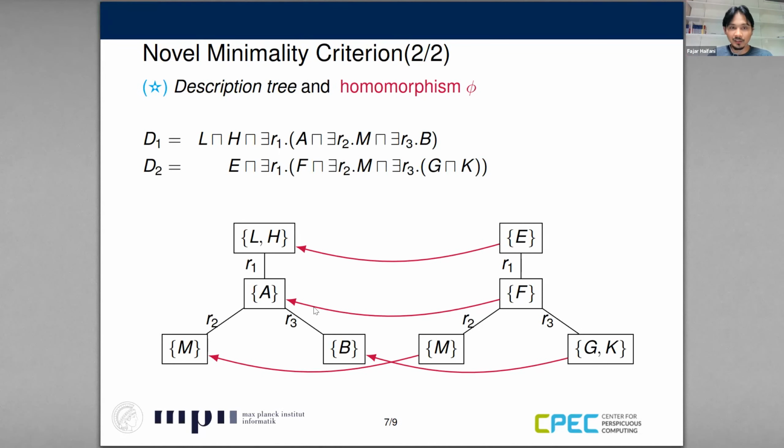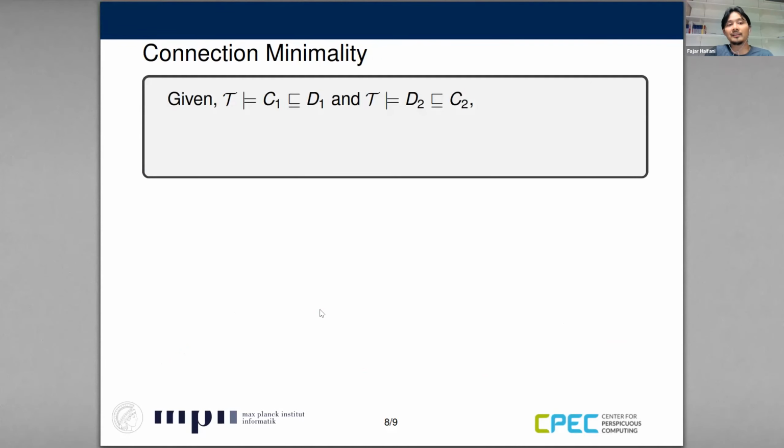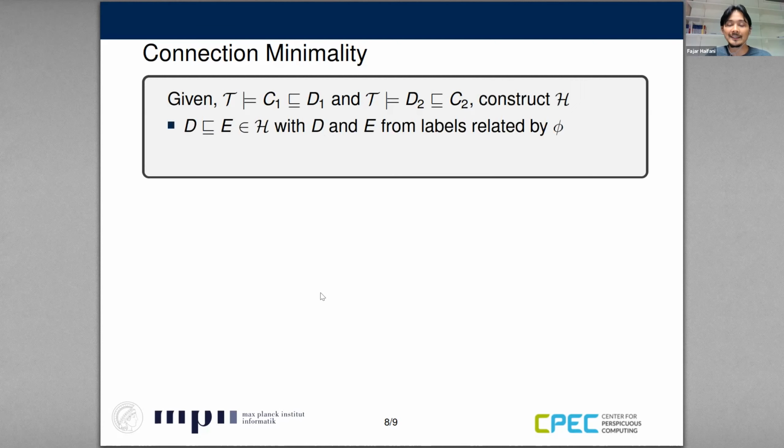And now how do we construct the solutions? So again, suppose we have the previous ones, D1 and D2, such that D1 subsumes C1 and D2 is subsumed by C2, such that we have the homomorphism. Then the way we construct H is by connecting the labels that are related by the homomorphism.